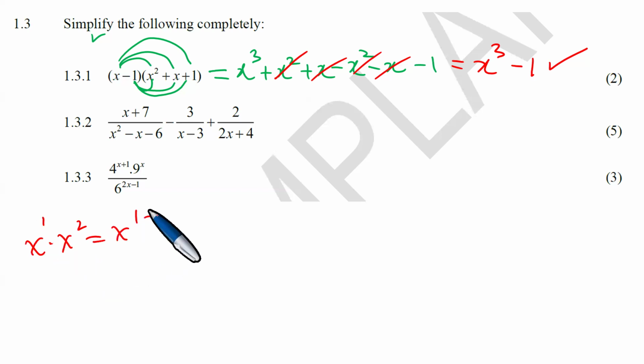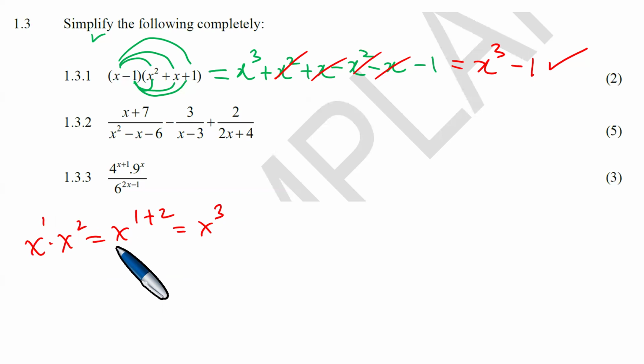So 1 plus 2, and the power becomes 3. We added the powers, 1 and 2, and then we got 3. You get the point? We're adding the powers, and then we get 3.